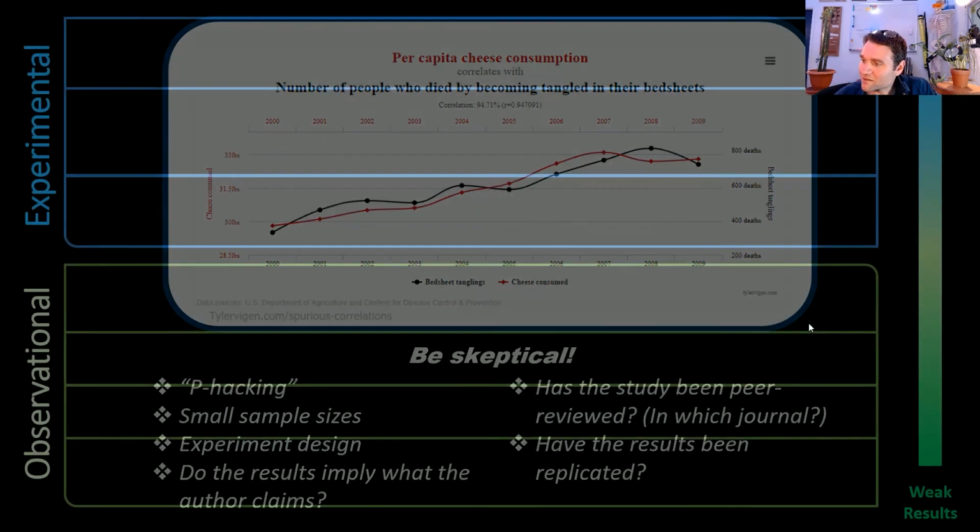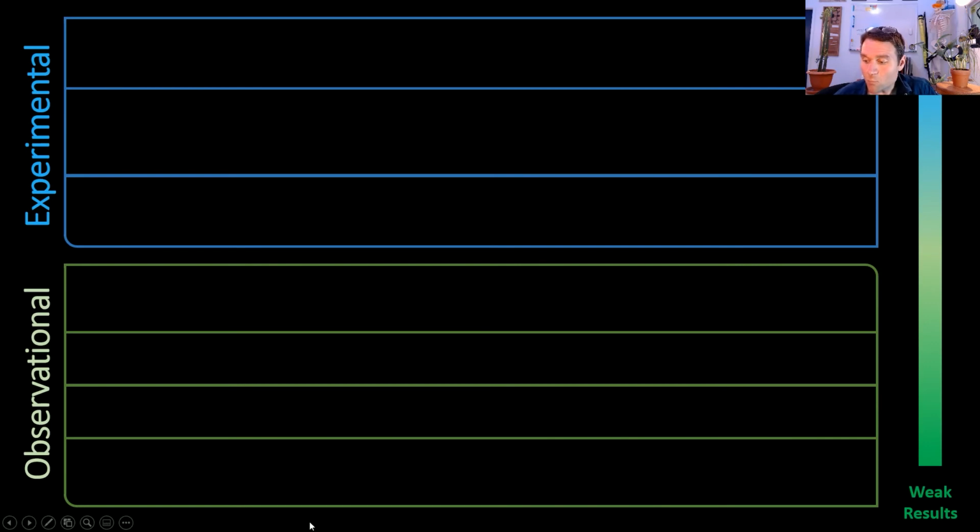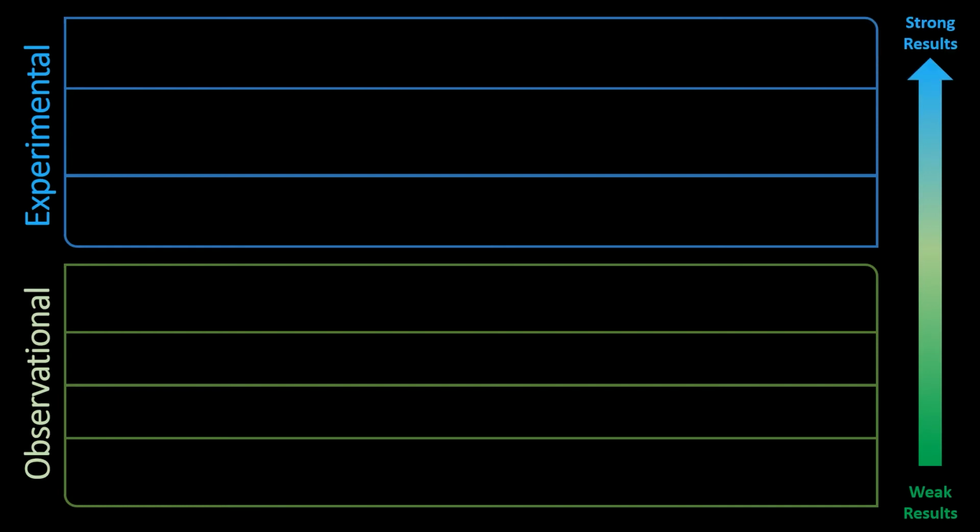All right, let's talk about more specific types of studies you might see. So I told you that there's observational studies and there's experimental studies. In general, experimental studies are stronger in results than observational studies. Ooh, I have a scale here. Okay, I'm going to remove my face here so you can see this.